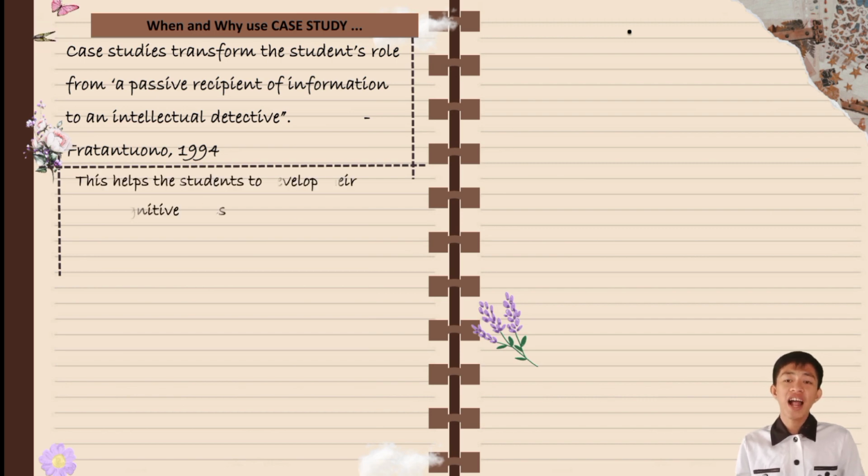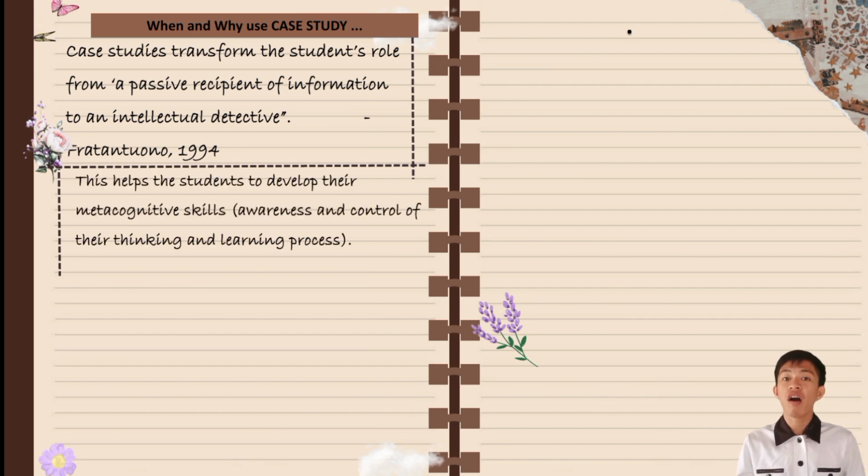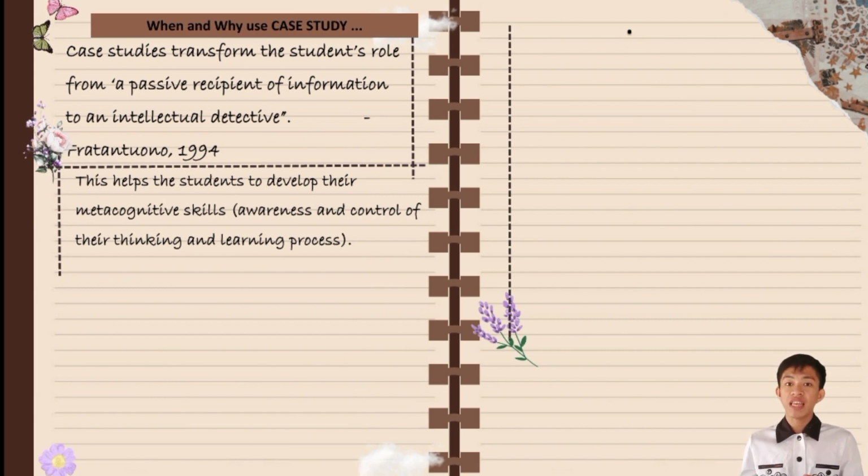Okay, so this helps the students to develop their metacognitive skills, awareness, and control of their thinking and learning process. So when we say metacognitive skills, it is thinking about thinking, the mind of the individual. So with the case study, students are able to develop metacognitive skills wherein they think about the case as they resolve the issue or problem that they are encountering in the case, right?